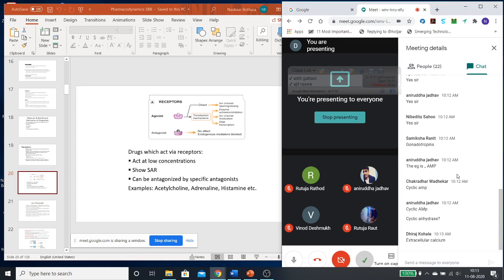So you have seen the IP3-DAG pathway, that is diacylglycerol and inositol triphosphate. The second messengers are IP3 and DAG, and they cause opening of intracellular calcium stores, so that the calcium from the sarcoplasmic reticulum comes to the cytoplasm. Here the calcium becomes the third messenger.